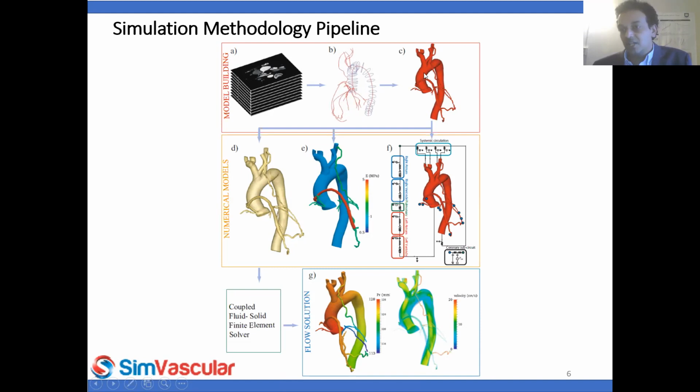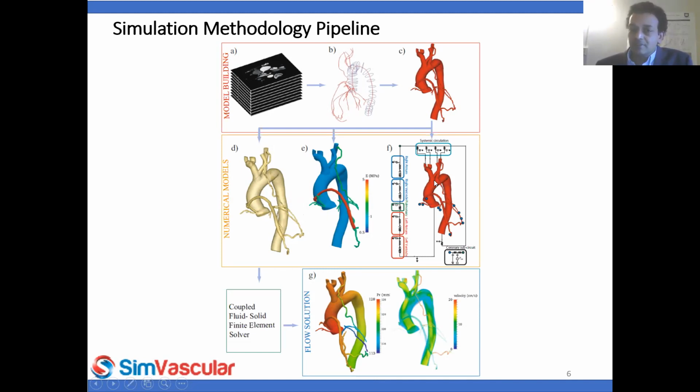Now, of course, we want to solve this continuum on a computer, so we should discretize it. So we do something called meshing. So you discretize this continuum into a bunch of tetrahedral or quadrilateral elements. The results I'm going to show you today are using linear tetrahedral elements. And we have the ability to assign different material properties to different parts of the vasculature.